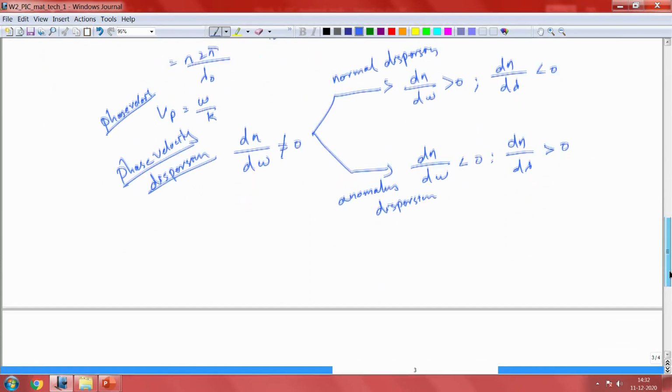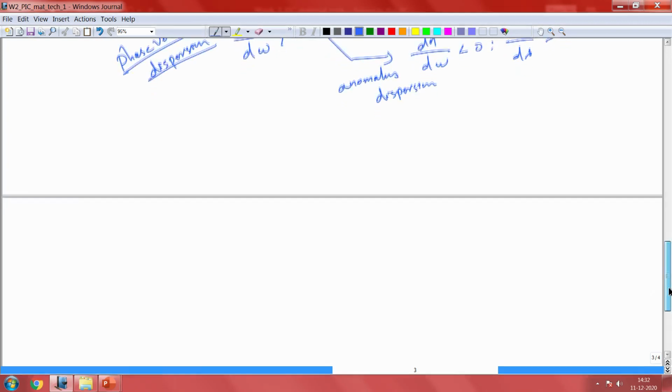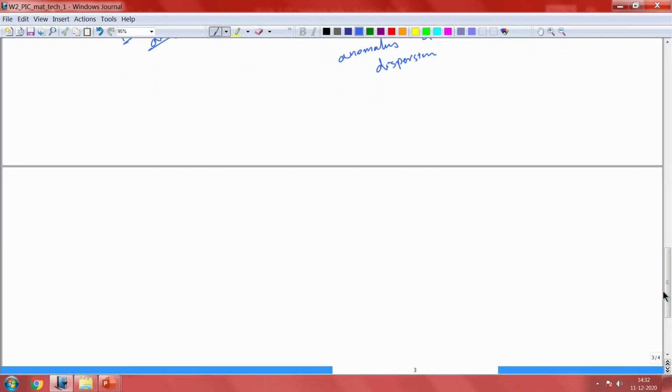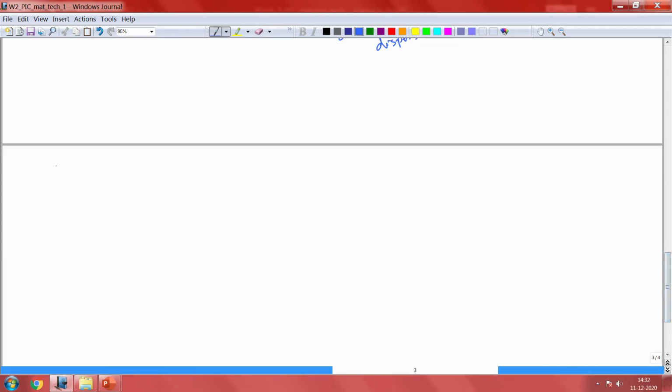Okay. In most cases you will have photons of slightly different energy. If that is the case, it is not going to be a single monochromatic wave. What you will have is a wave packet.